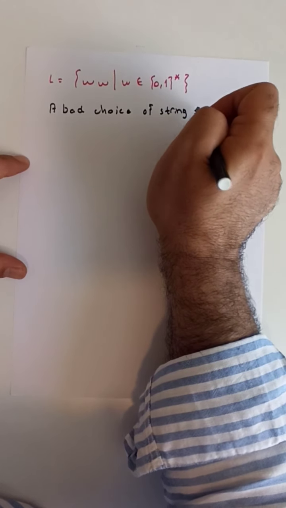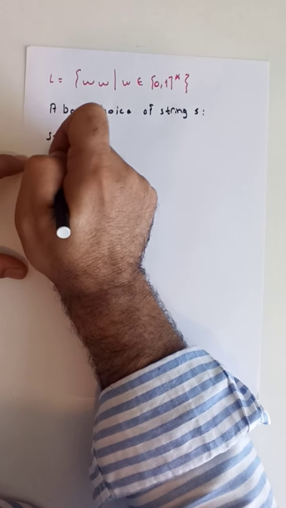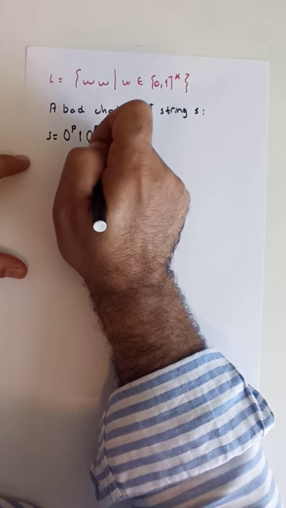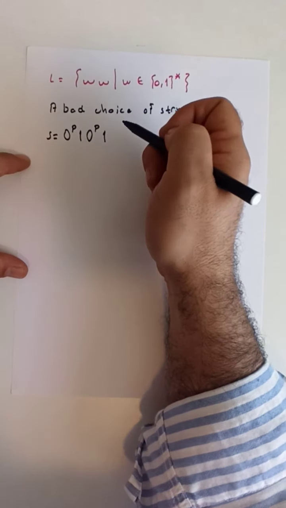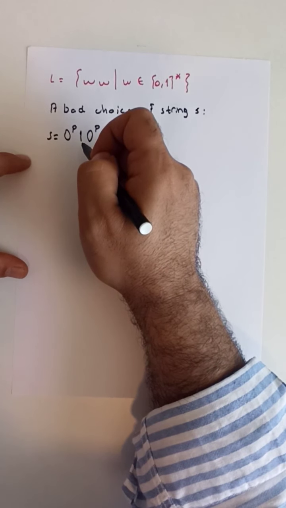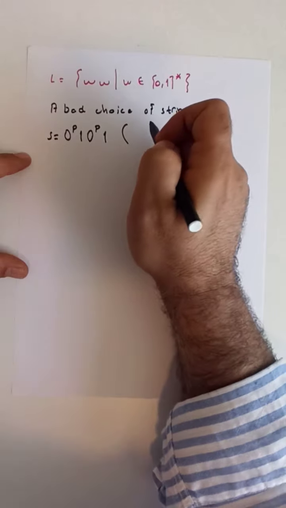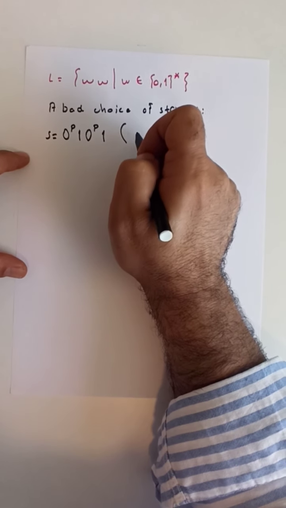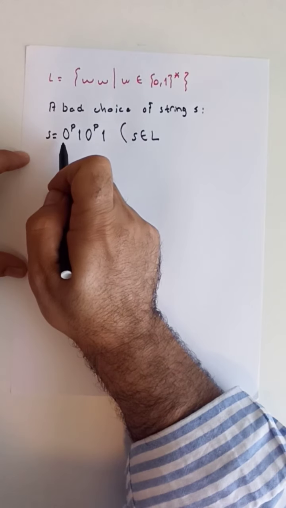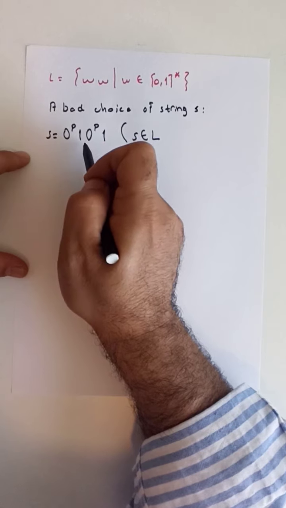in the pumping lemma. Let's say that we have chosen S to be 0^P 1 0^P 1. Let's first see if this string is okay to use in our pumping lemma. To be able to use such a string, remember we had two conditions. One is that the string must belong to the language. If we divide the string into exactly two equal halves, this will be the middle.